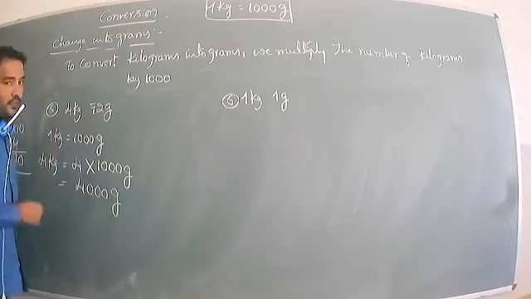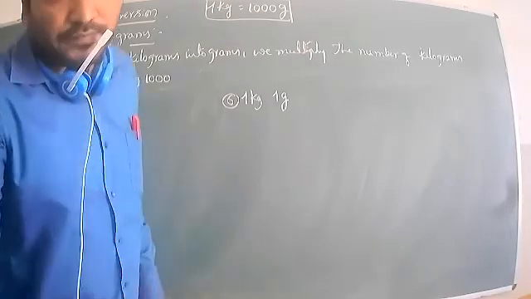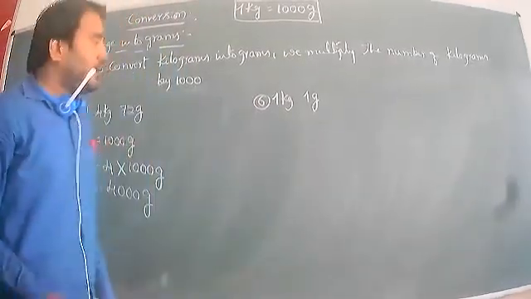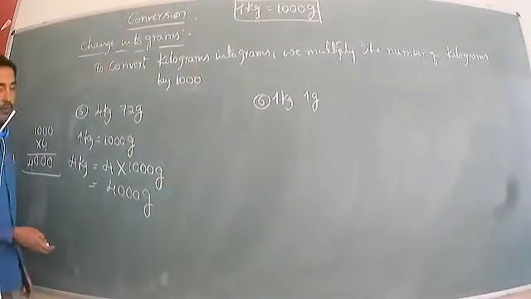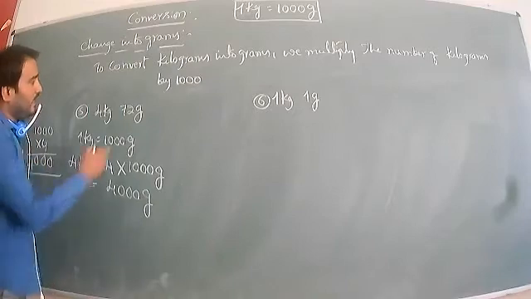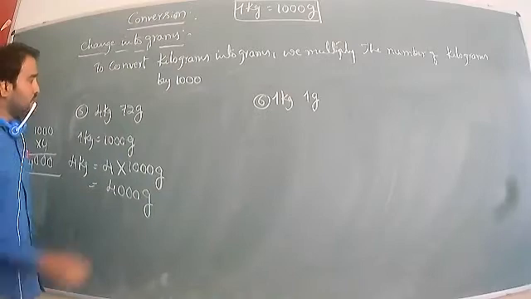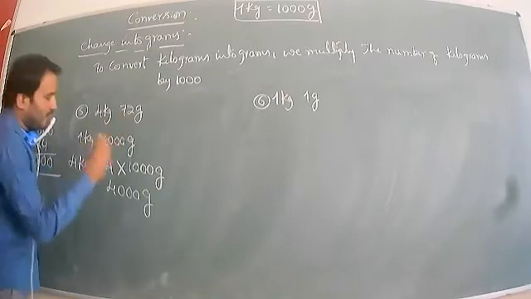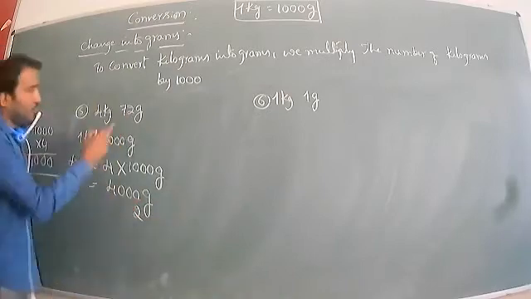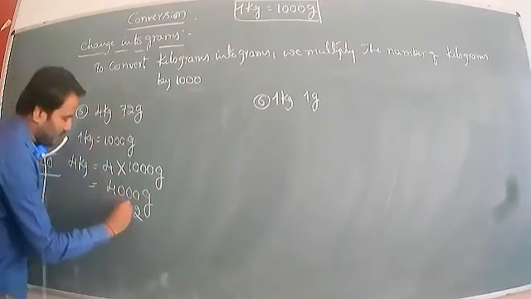Then the remaining 72 gram we can add. How can it be added? It is a 2 digit number, but here there is a 4 digit number. How to add? First we should add the ones place. In the ones place, 2. Tens place is 7.